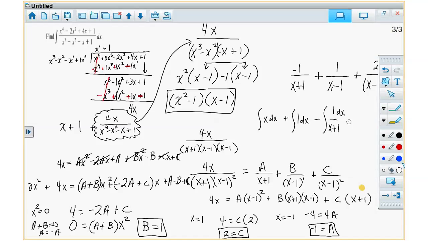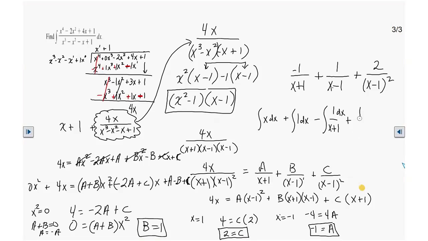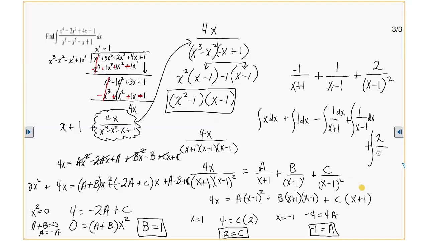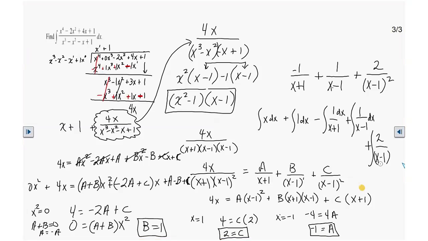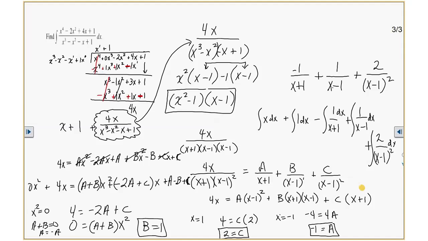Plus 1 over x minus 1 dx plus 2 over x minus 1 quantity squared dx. All right, now find your antiderivatives there.